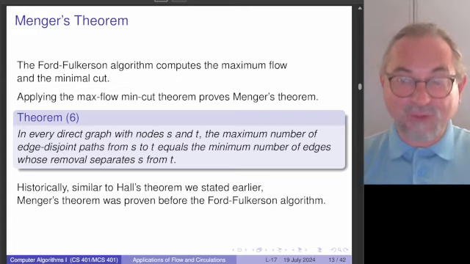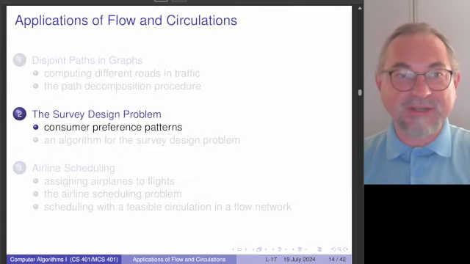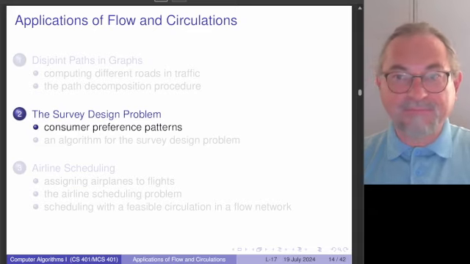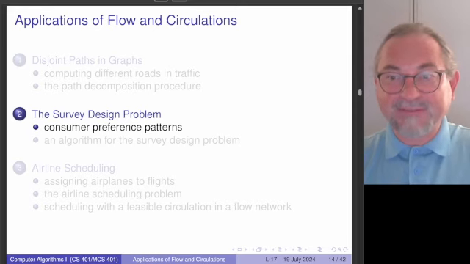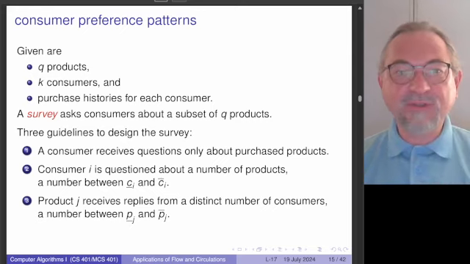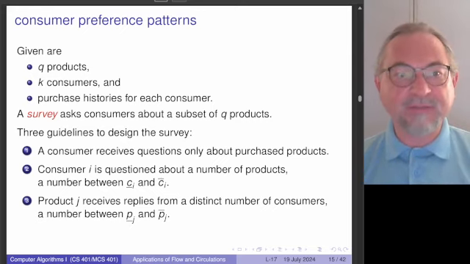Okay, so this is our first problem, well, it's our third application, but the first application in this lecture. The second application is an entirely different problem, but it can be solved by the same algorithm. So here is the survey design context.